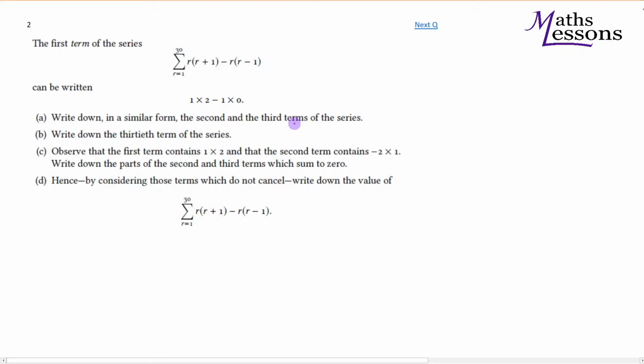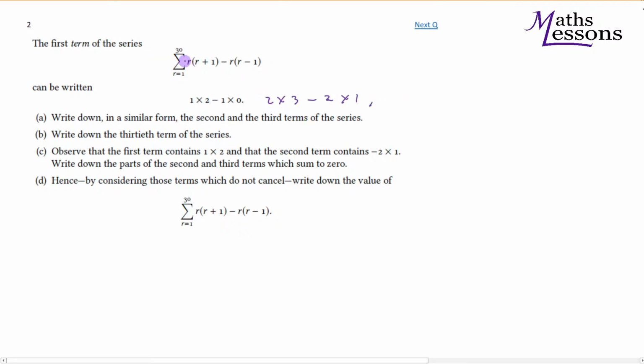Form the second and third terms of the series. So we've got the first term here. So for the second term, we're going to put 2 into here. So we get 2 times 3 minus 2 times 1, because r is 2, r minus 1 is going to give me that. That's going to be the second term.